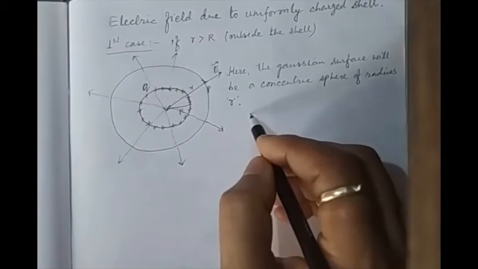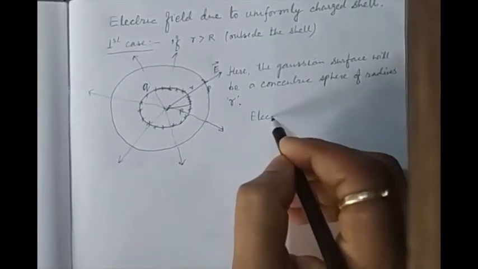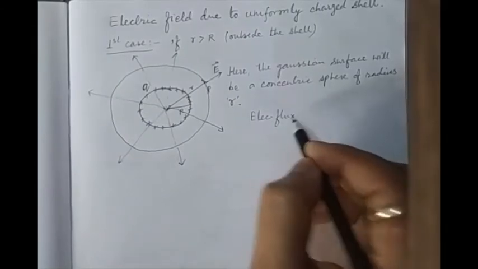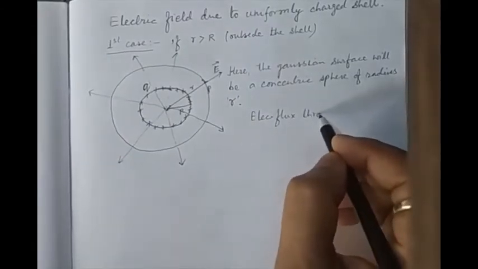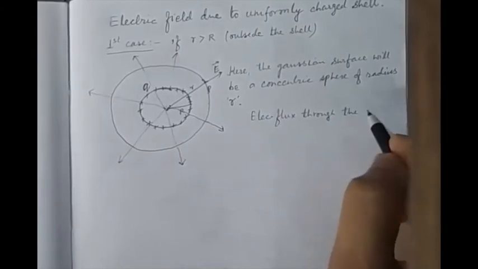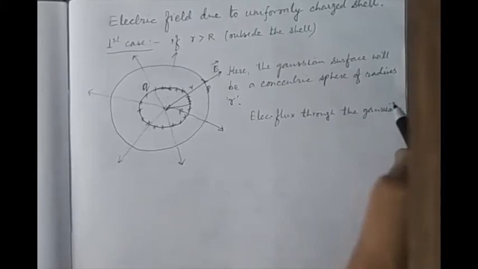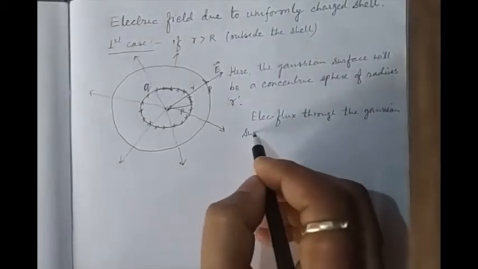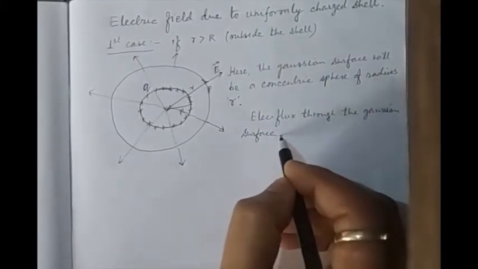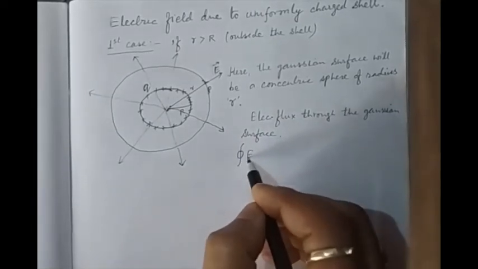Electric flux through the Gaussian surface is closed integral E dot ds.